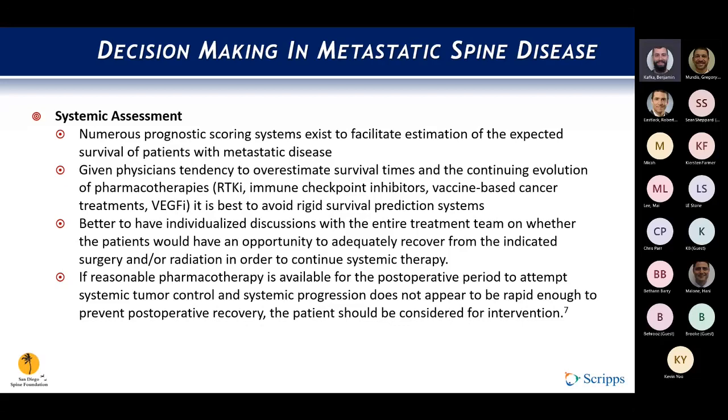So it's better to have an individualized discussion with the entire treatment team to see if the proposed intervention is realistic and that the patient can recover from it and continue on to their systemic therapy. And in general, if a reasonable pharmacotherapy is available for the post-op period to help control the tumor, and their systemic disease is not progressing rapidly enough to prevent them from recovering from your proposed intervention, intervention should be considered.